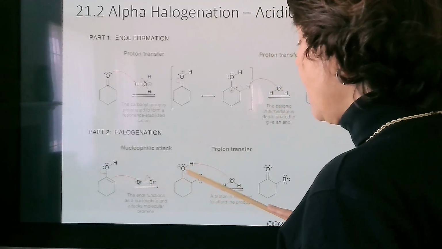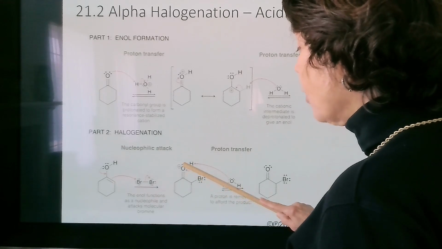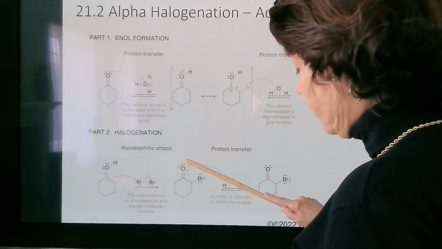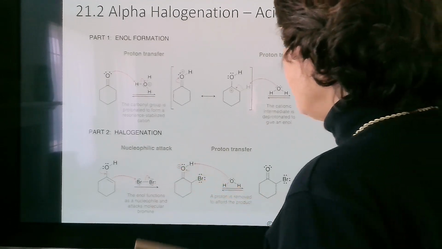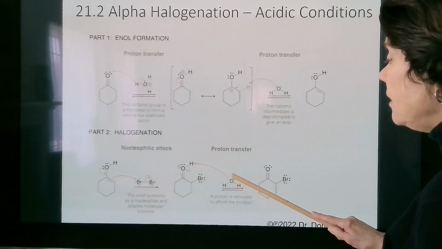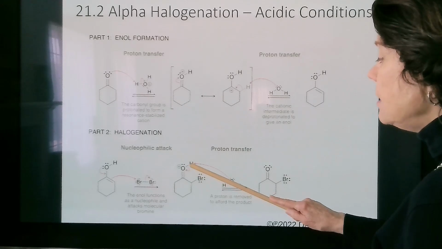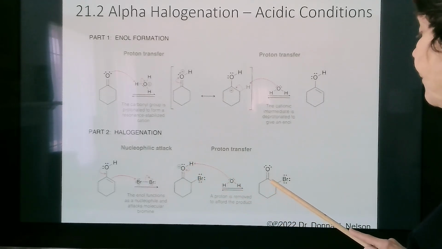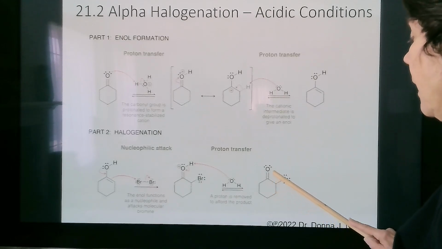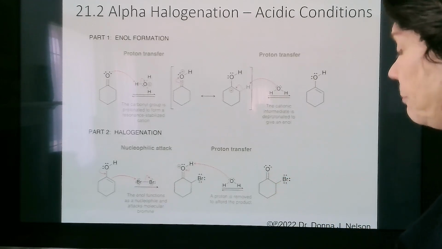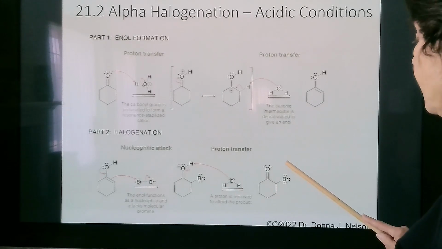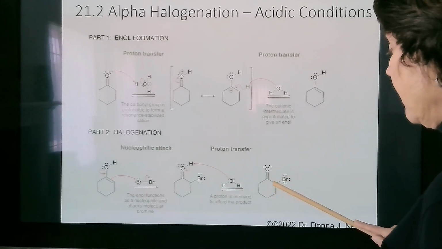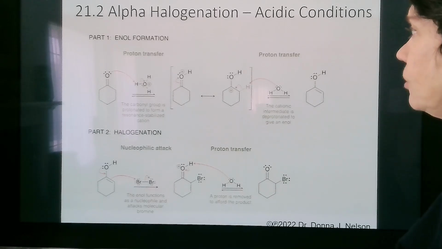And so you have bromide as the counter ion, and this is your cation. So here we have an oxonium ion. Then you simply have water come in and deprotonate to give you the brominated carbonyl, brominated at the alpha position. So this is bromination at the alpha position under acidic conditions.